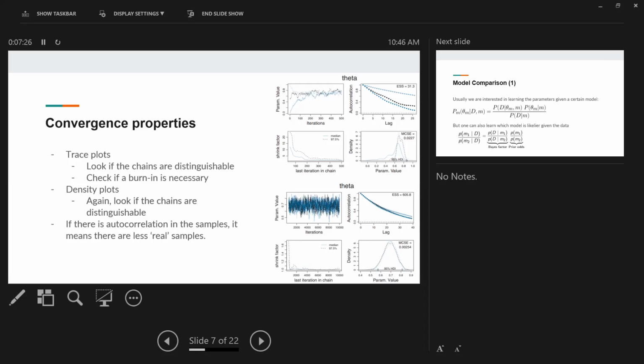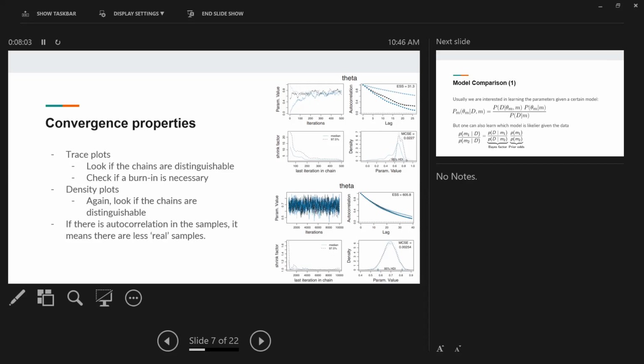You can use trace plots and just look at whether they are similar, and that means we can make a good conclusion about what the parameter should be. For this one, you can see if burn-in is necessary. At the start they are really different, but if we look here, they all become more similar. So we can burn in the first samples.